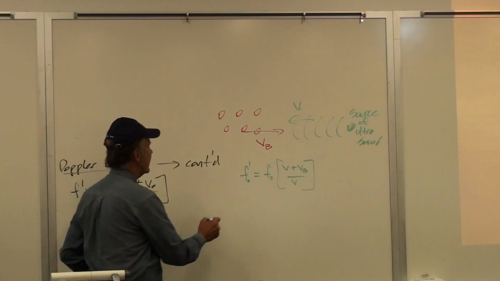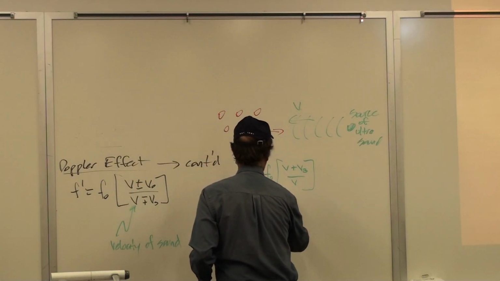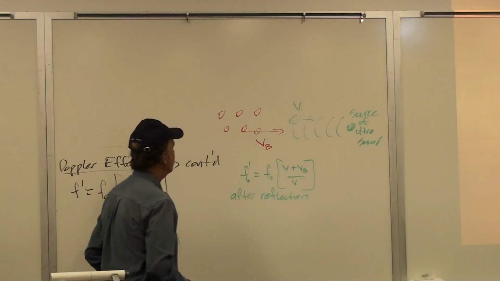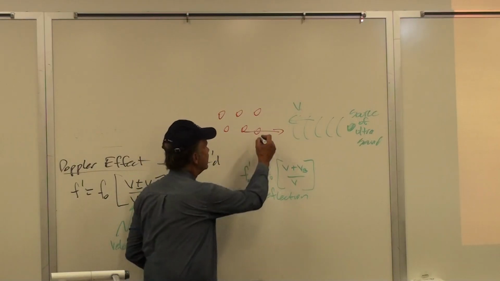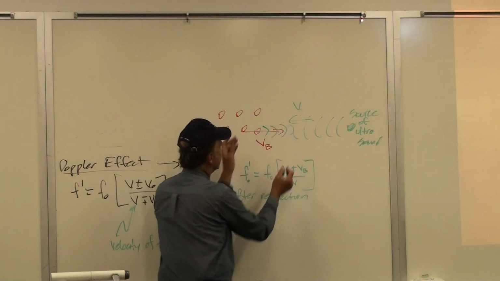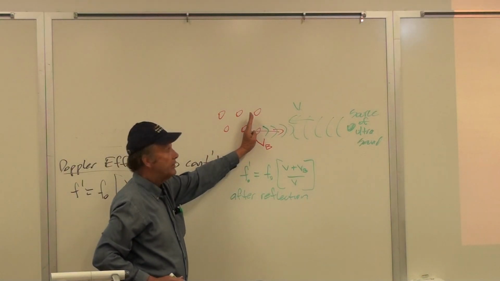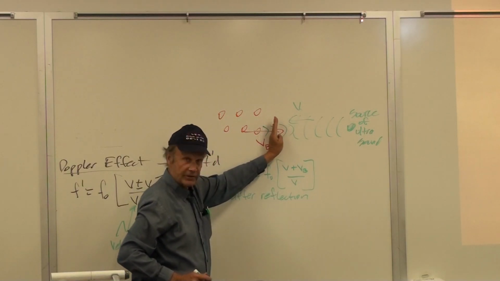But then in the second part, after reflection, what we get is a moving source, because now the reflection of the sound is moving. And so in the amount of time it takes for a wave to hit the blood, the blood has moved a certain distance.